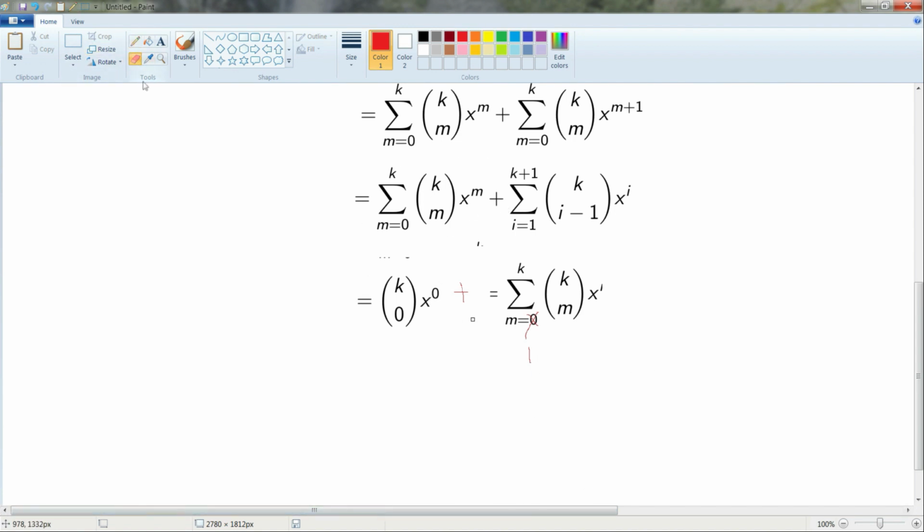And further, the next problem I have is that this is a k plus 1, but this sum here ends at a k. So I can do a similar thing by popping off the k plus 1 term. And if I do that, what would this look like? Well, here I would have plus this sum starting from i is equal to 1, going up to k of this term here.